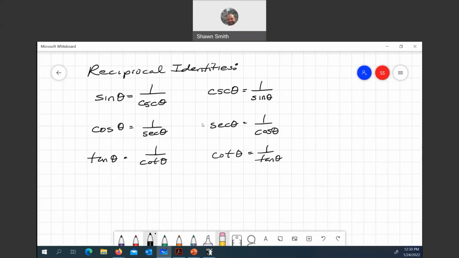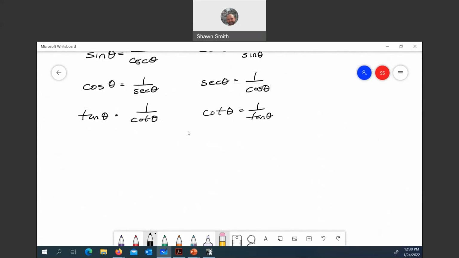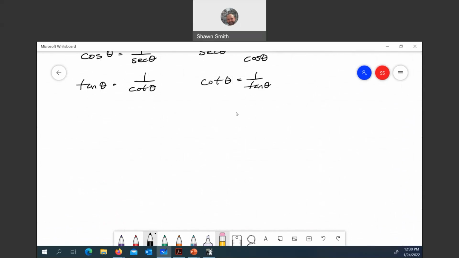All right, the signs of function values. One of these days I'll be able to draw a straight line.